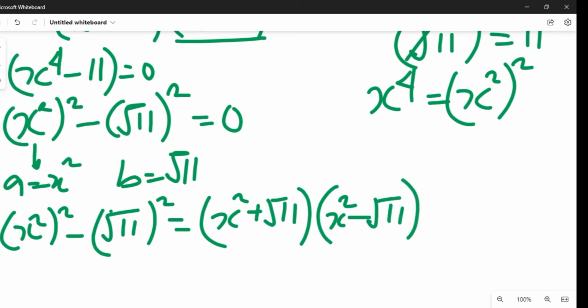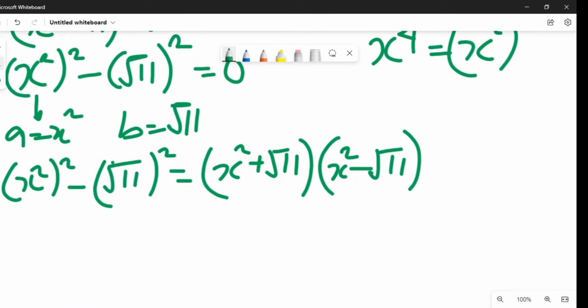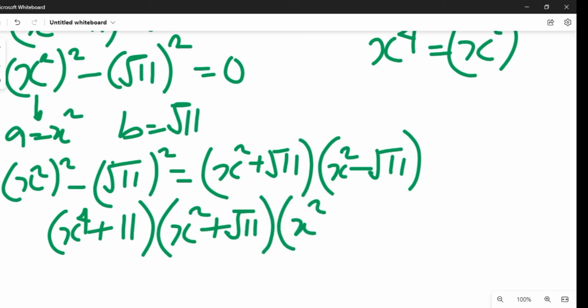Remember, we extracted this from this equation, so we still have x raised to power 4 plus 11. So we'll bring that up. If we bring that up, we're going to have the general equation to now be x raised to power 4 plus 11, we'll also have x squared plus square root of 11, and we'll also have x squared minus square root of 11.